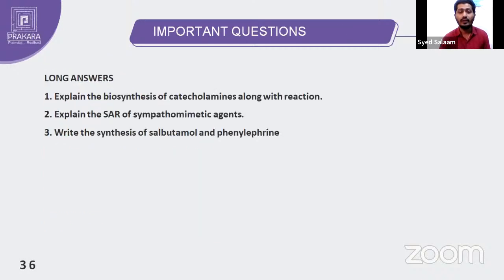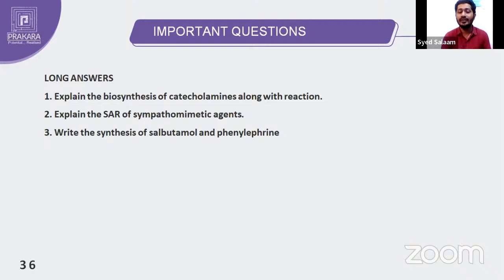If you go towards the long answer questions, what is going to be asked is like: explain the biosynthesis of catecholamines along with the reactions. So we will really be asked about biosynthesis. First write how they are synthesized from phenylalanine, how it gets converted into tyrosine first, then to dopa, then dopa to dopamine, dopamine to noradrenaline, noradrenaline to adrenaline.